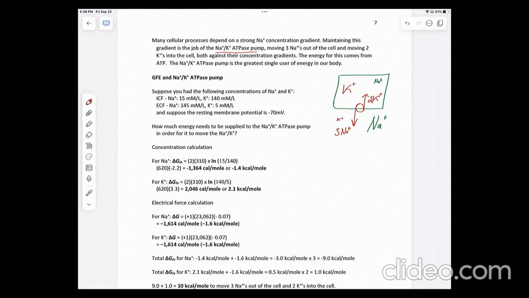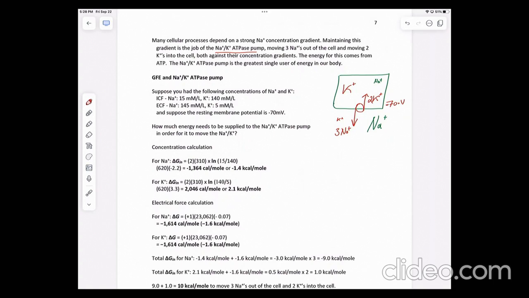So every time it spins, I'm netting 1 positive charge pushed out of the cell, and that actually helps in maintaining, in part at least, my resting membrane potential. We're going to say that the resting membrane potential is minus 70 millivolts. That's going to be our little fiction number here.